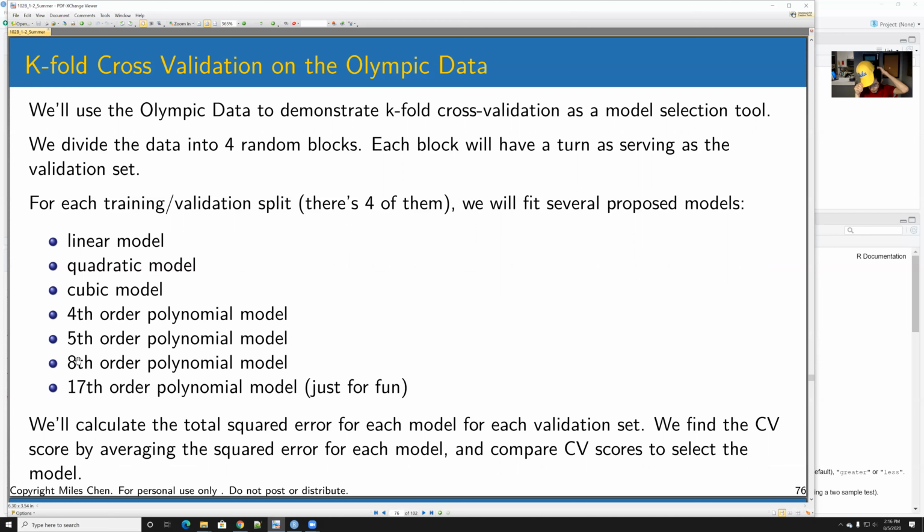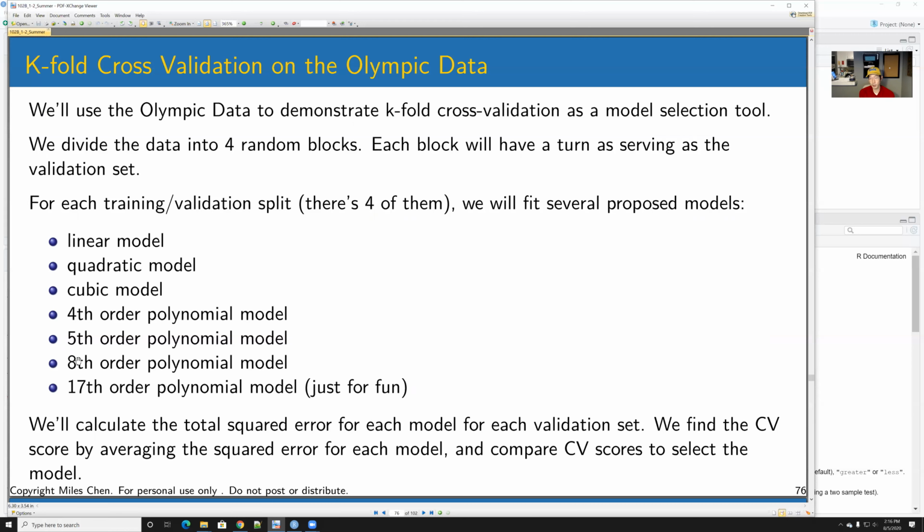Each training set will have 21 data points. We've got 28 data points, each fold has 7, and the remaining 21 serve as the training set. Once we fit a model on those 21 data points, we use it to predict the remaining 7.